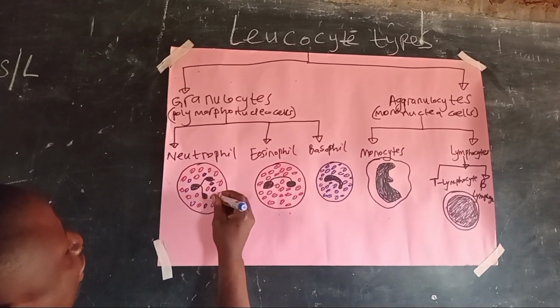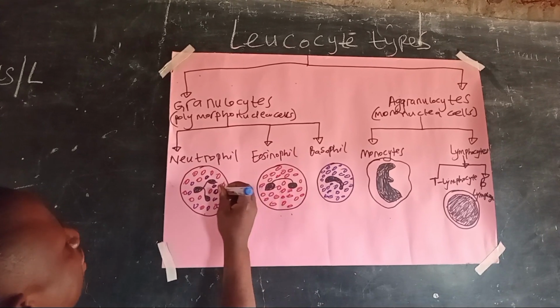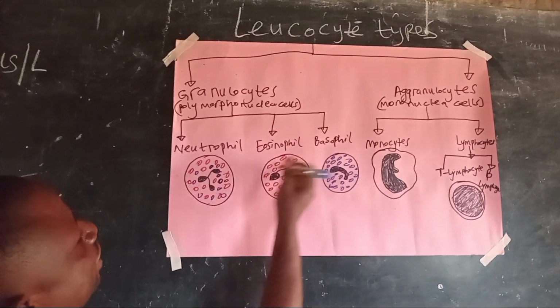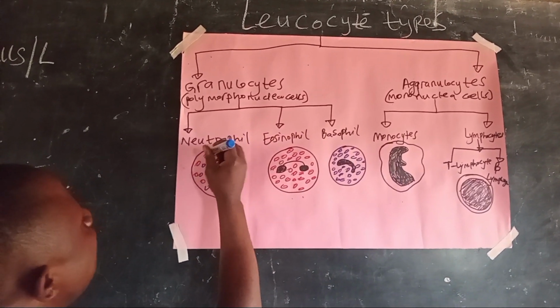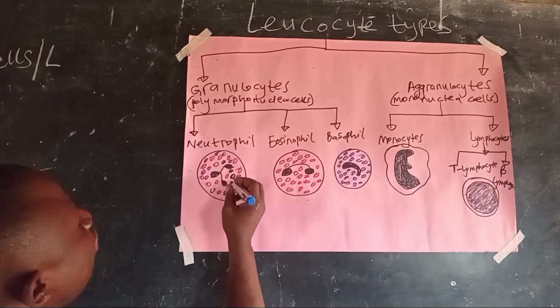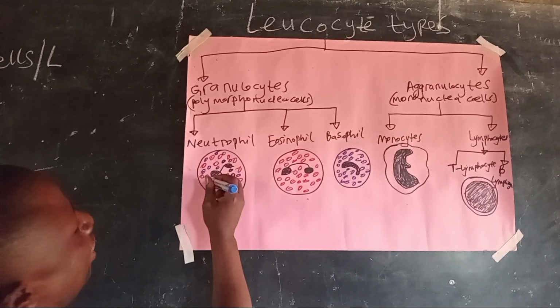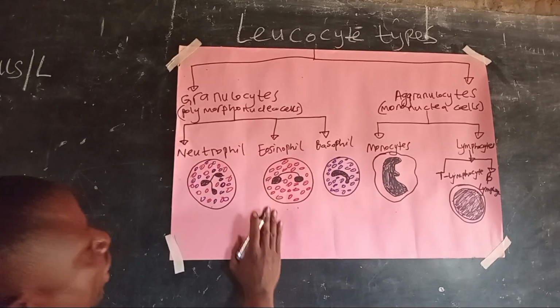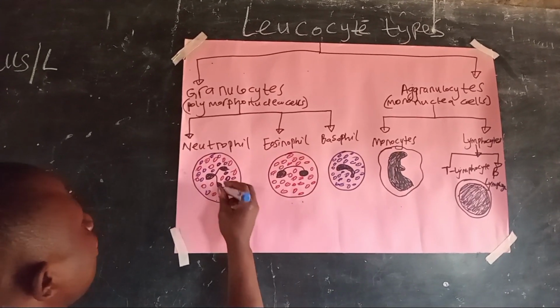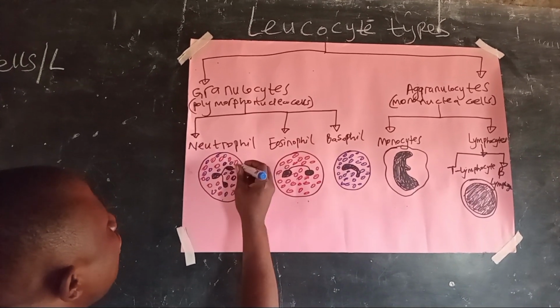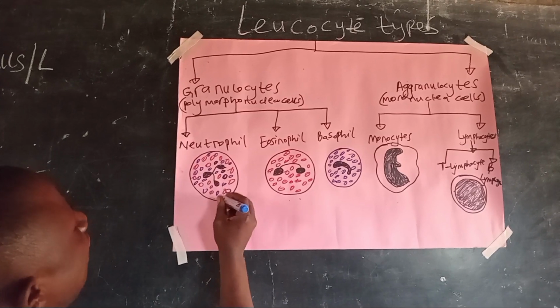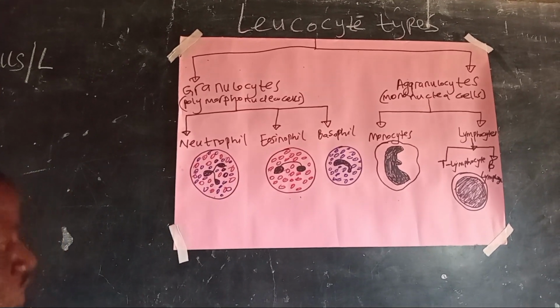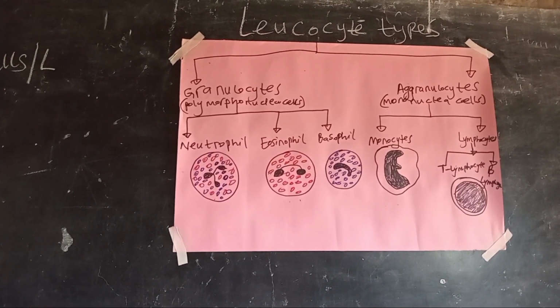So it is neutral. It is neither an eosinophil nor a basophil. It has granules which are a mixture. That's why they are called neutrophils.